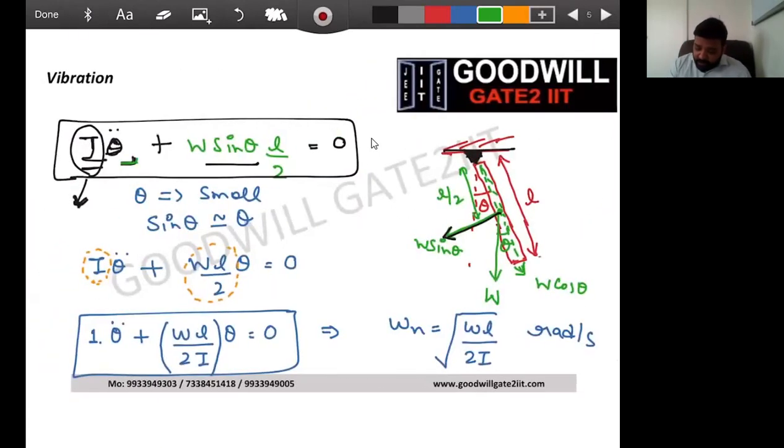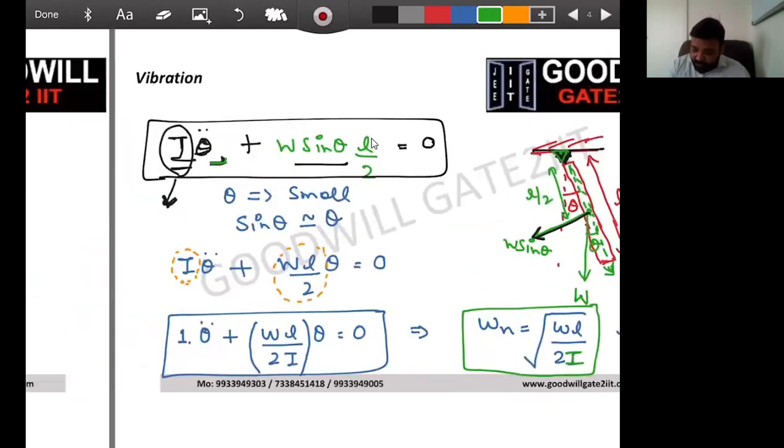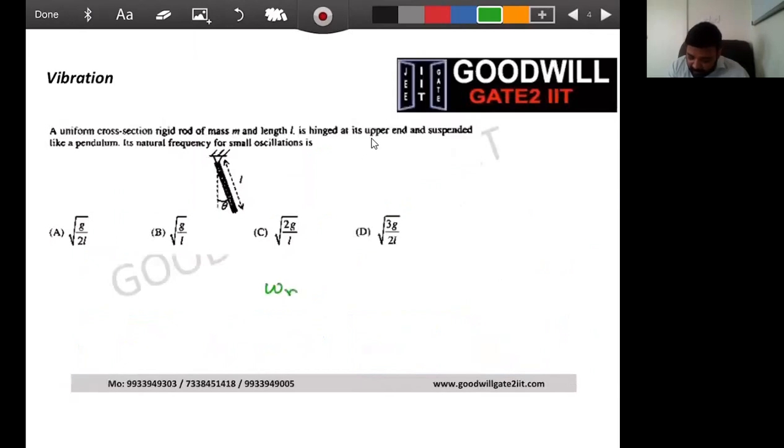So in this particular pendulum problem, you know the natural frequency formula is given as this, where I is the moment of inertia about the hinge point. So if we substitute, omega n is equal to root of WL by 2 by I. In place of W, we can write mg, length is L by 2, and I have just proved that about this point, I is ml square by 3.